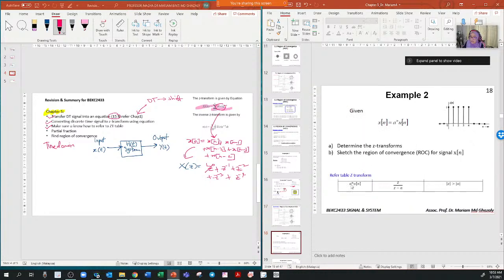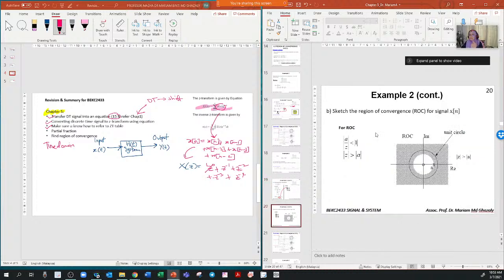Just refer to the appendix that I allowed you to learn. Make sure that for each chapter 1, 2, 3, 4, 5, you have the appendix, especially chapters 3, 4, 5. The appendix for the table covers Fourier series, Fourier transform, and Z transform. Make sure you download that, and if you have a printer, print it out. If you don't, then just download it.